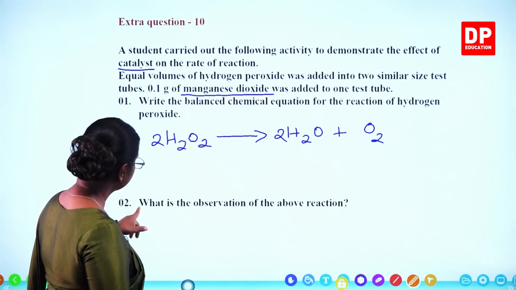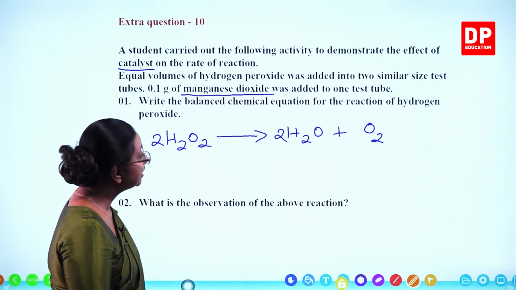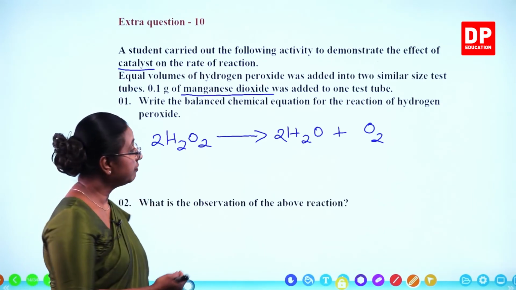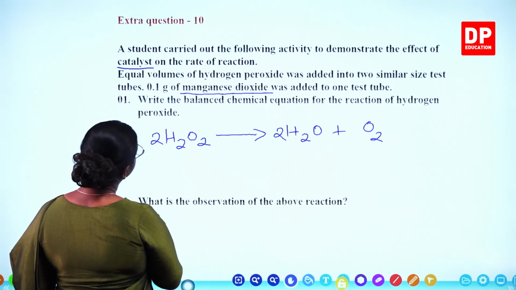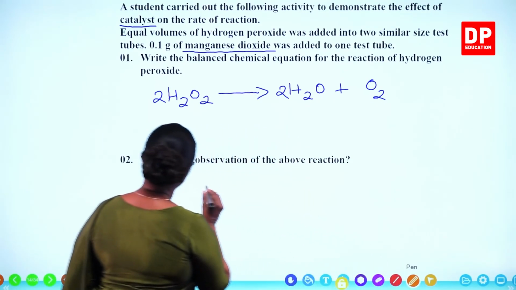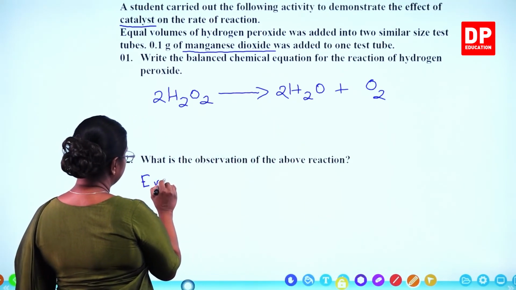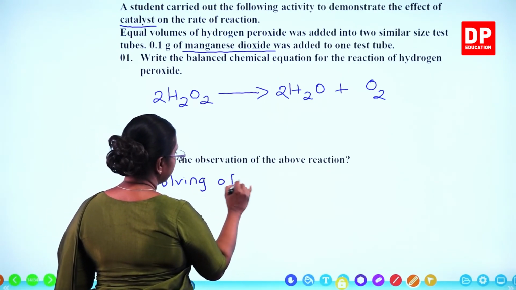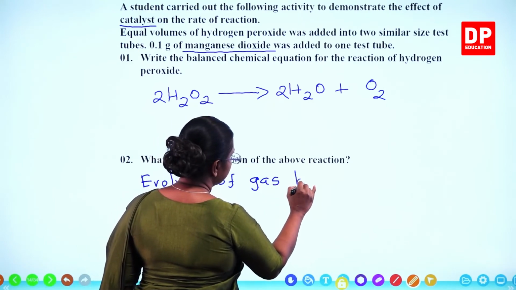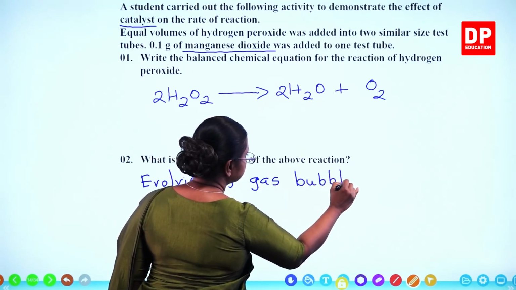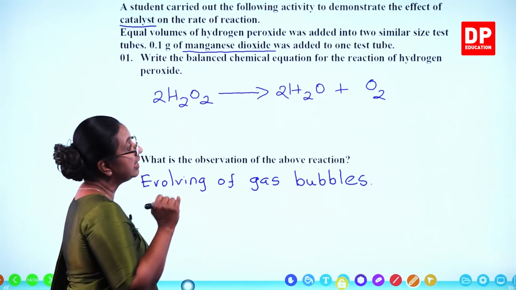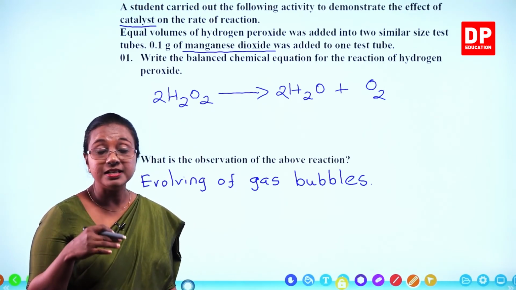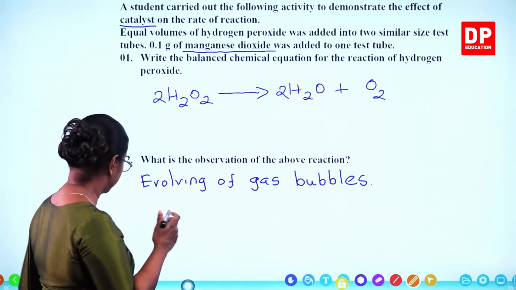Then the second one, what is the observation of the above reaction? What is the observation? Evolving of gas bubbles. And also rate of fizzing will be high when manganese dioxide is added to the test tube.